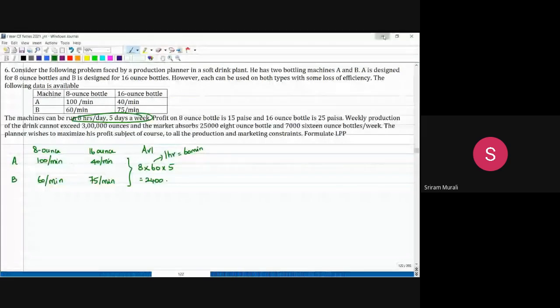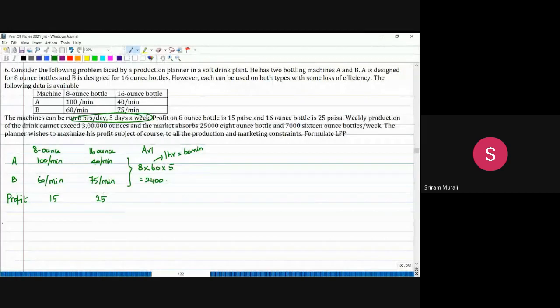Now profit, what is given? It is 15 paise for 8 ounce, 25 paise per bottle for 16 ounce.